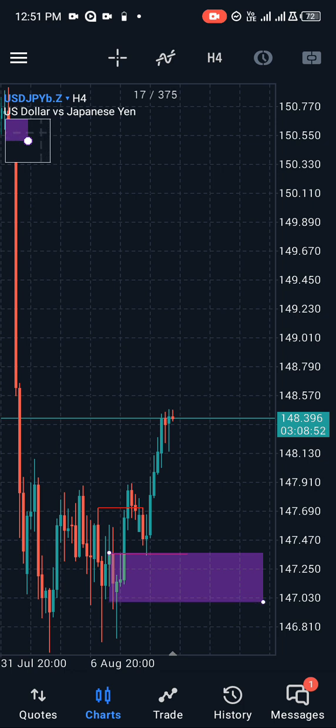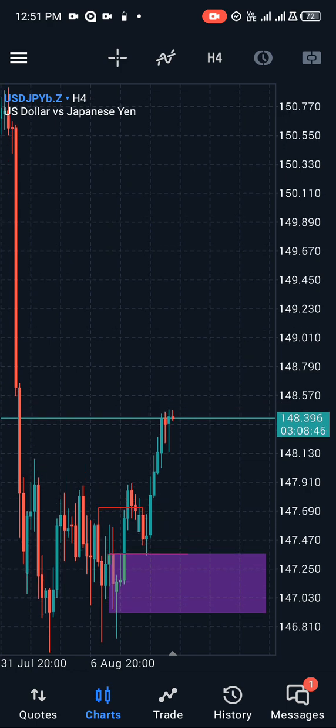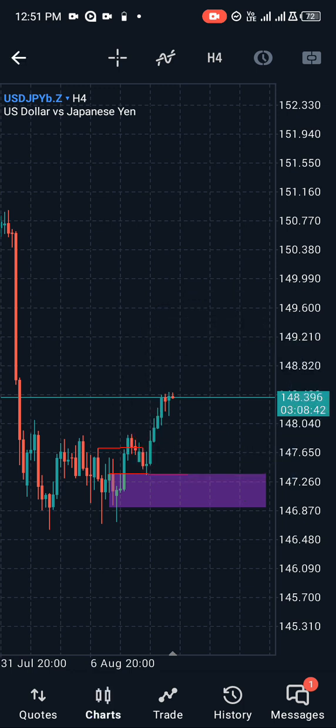That's where I had placed my entry. I did not use a stop loss because it was a $2 account, and my target was to take out this buy side liquidity around this zone.